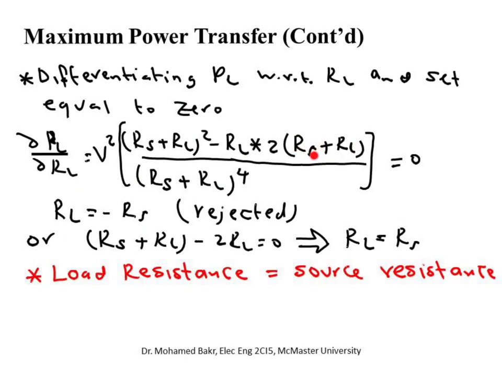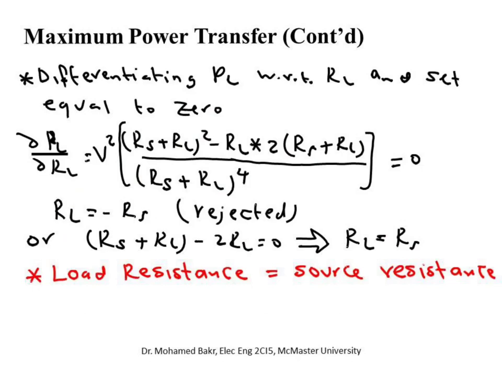The second condition that you're going to be getting, of course, it's obvious. If you take RL plus RS out, you end up here with RL plus RS minus 2RL. This is the second bracket that we have here. If you set this equal to 0, you obtain that RL must be equal to RS. And this is a condition that all electrical engineers know by heart.